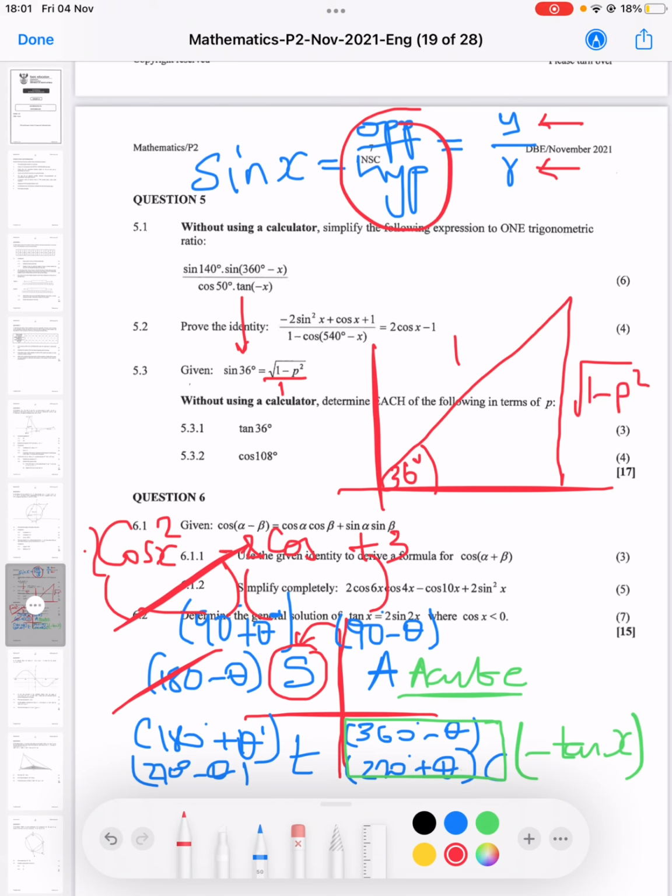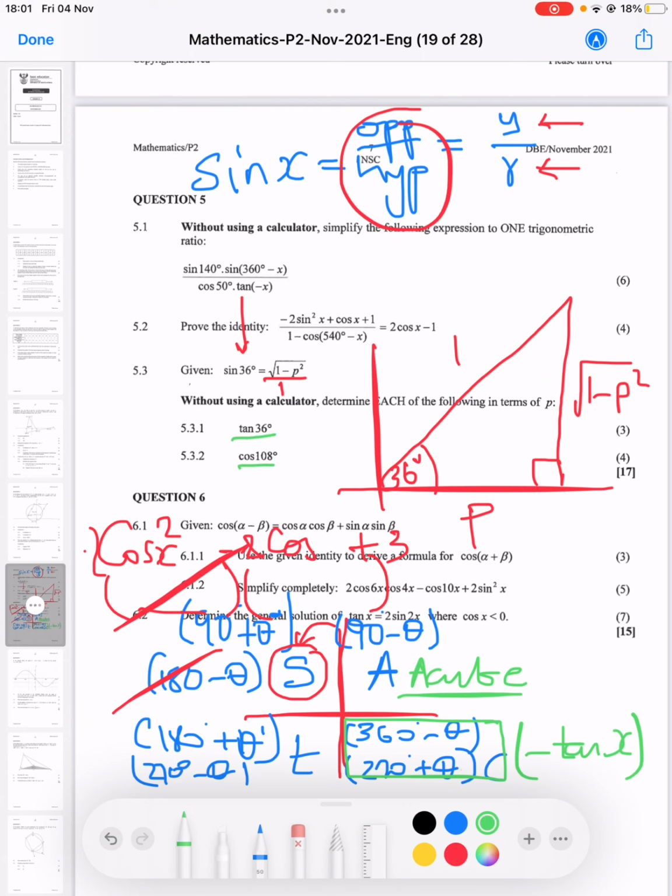So now you need to use the theorem of Pythagoras in order for you to determine this side, of which, if I remember, I did a private lesson with one of my learners, and I think that side is actually P if you work it out using the theorem of Pythagoras. Now that you've got that which is now completed, you can therefore approach these questions.